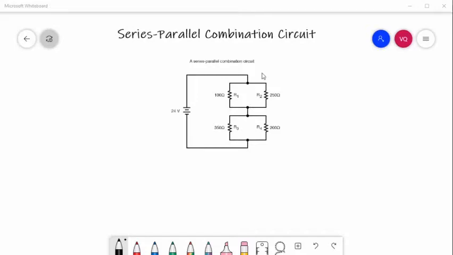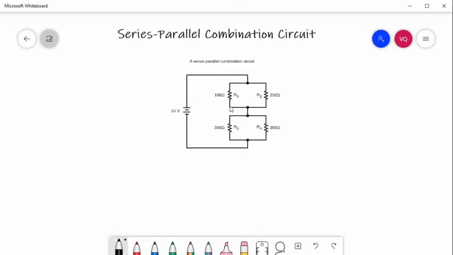So take the following circuit for instance. In this circuit, we can see that R1 and R2 are simply in parallel. R3 and R4 are in parallel.